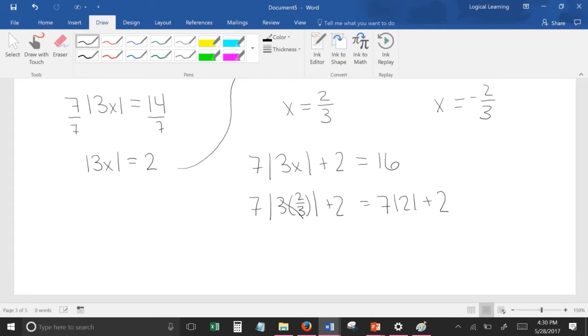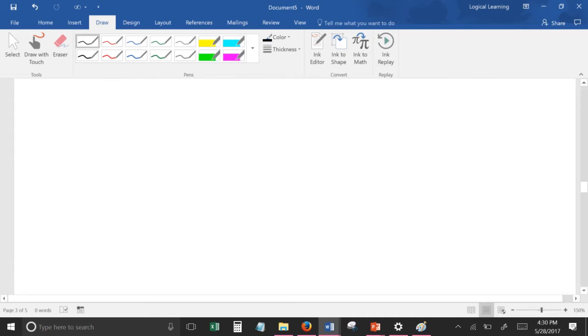The absolute value of 2 is 2, and 7 times 2 is 14. 14 plus 2 is 16, so we do get that correct response. Similarly, if we put in our negative 2/3, it's going to be the exact same thing, except we're going to have the absolute value of negative 2 instead. But we remember the absolute value of negative 2 is positive 2, so again, we'll get 16. And you can see how we have come up with the positive and the negative values that will make our equation true.